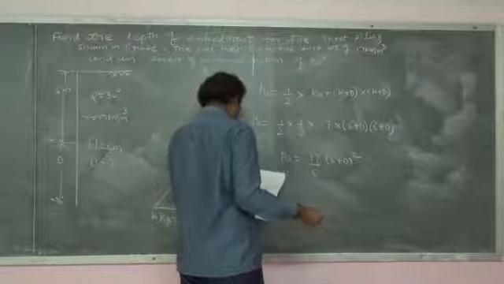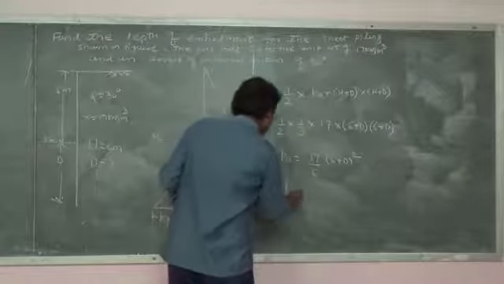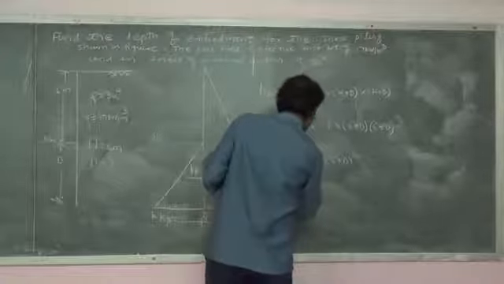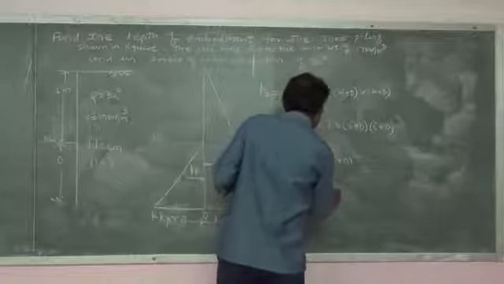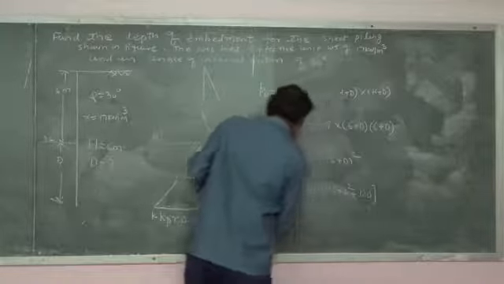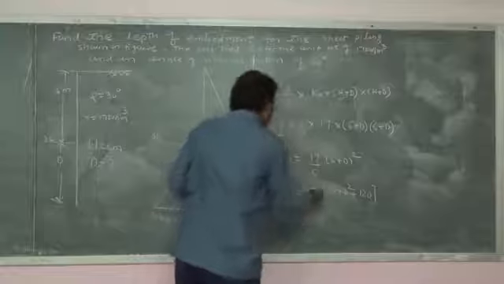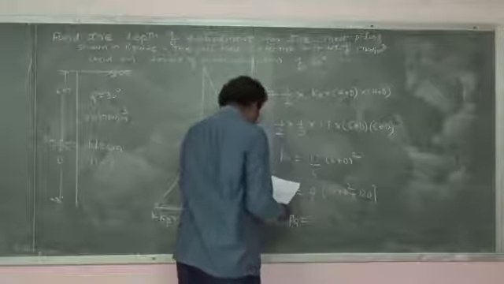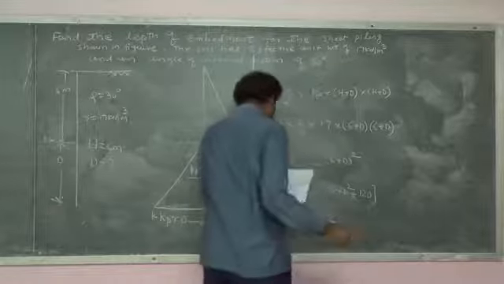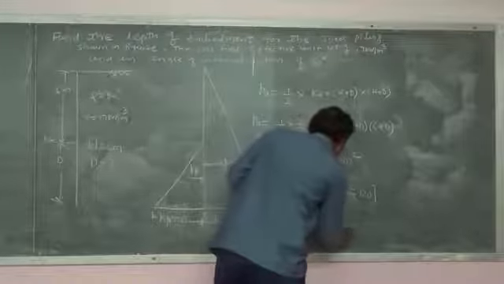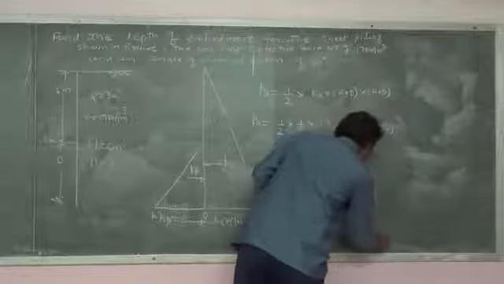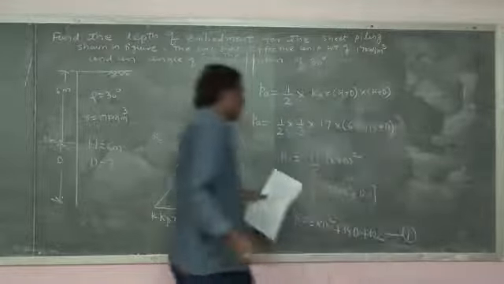If you simplify this bracket, that is 17 by 6 into 36 plus D square plus 12D, after simplifying all these things you will get 2.8 D square plus 34 D plus 102. This is equation 1.